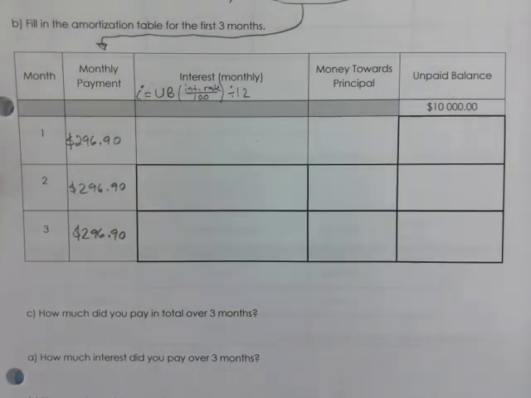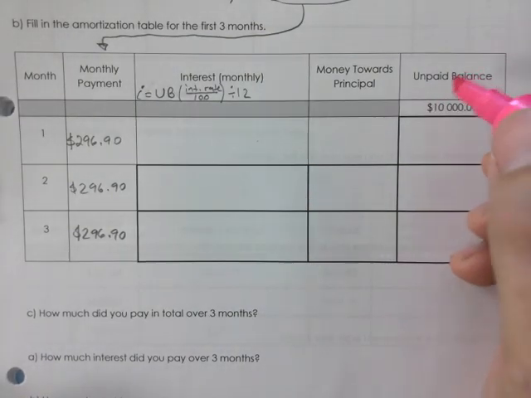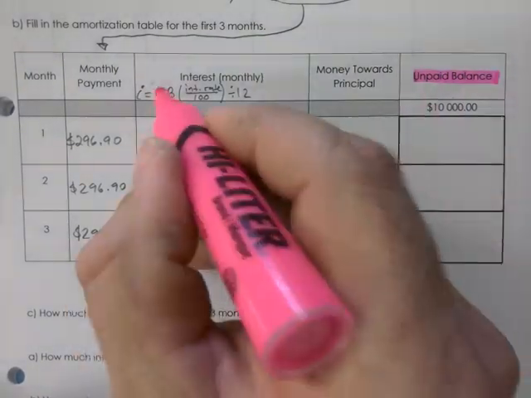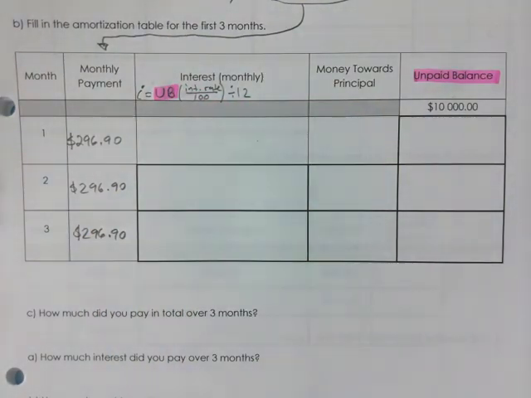What's your unpaid balance, you may ask? I'm glad you asked. This is unpaid balance. Use a highlighter to tell you that's what unpaid balance is, which at the beginning is your loan. The very first line, it's going to be your loan. But for amortization tables, I adjusted slightly. So here it is, guys.